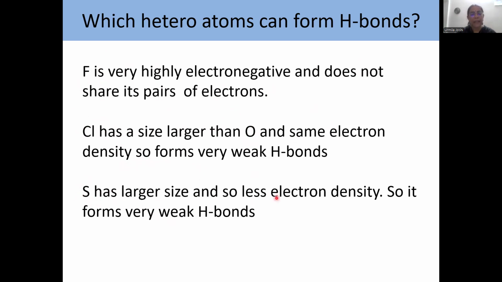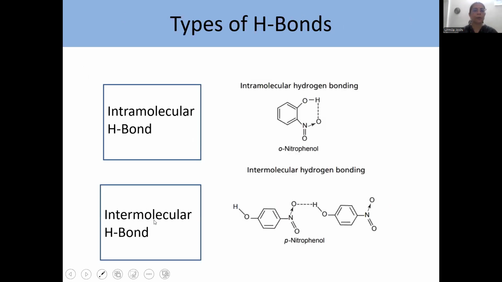Sulfur has a larger size than oxygen and therefore obviously less electron density, so it forms weak hydrogen bonds. So the two most important atoms which participate in hydrogen bond formation are oxygen and nitrogen.